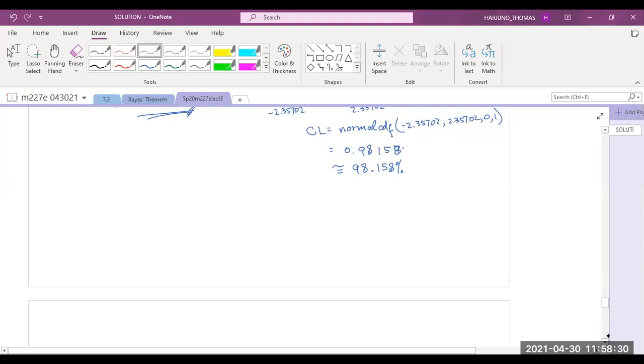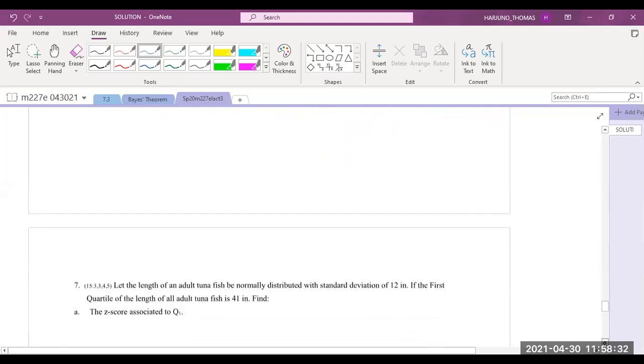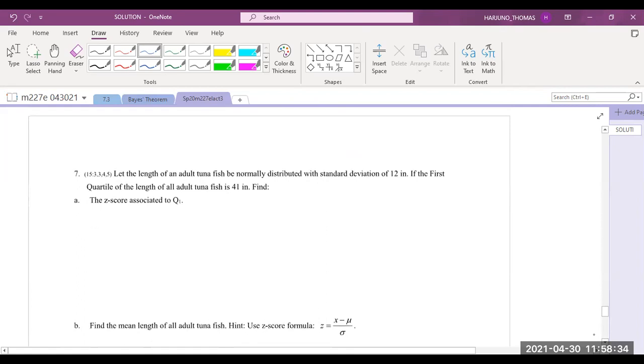Okay. Last question. The length of an adult tuna fish is normally distributed with standard deviation 12. So sigma equals 12. If the first quartile of the length of all adult tuna is 41, the first quartile, so the bottom 25% has the cutoff 41 inches.